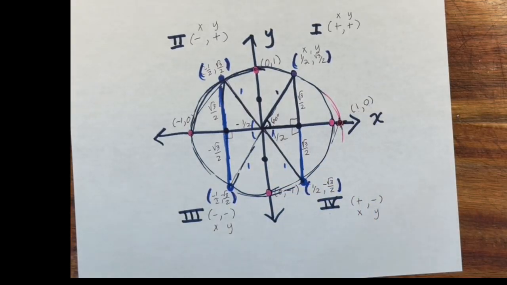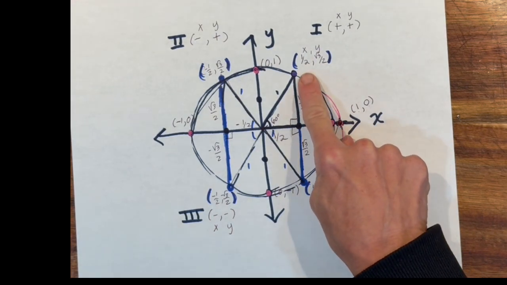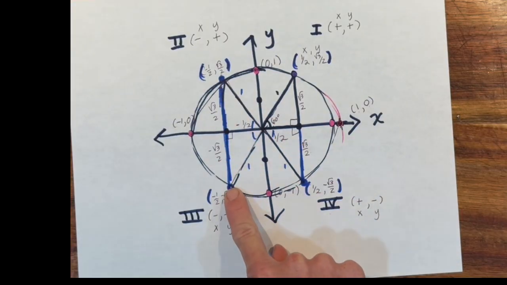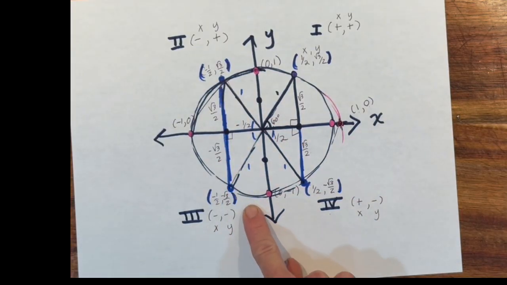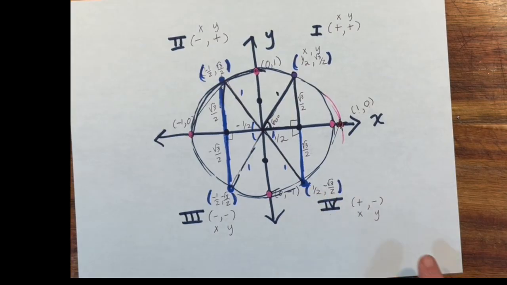But what changes? This one was positive, positive. This one is negative, positive. This one is negative, negative. And this one is positive, negative. And that's because they're in different quadrants.